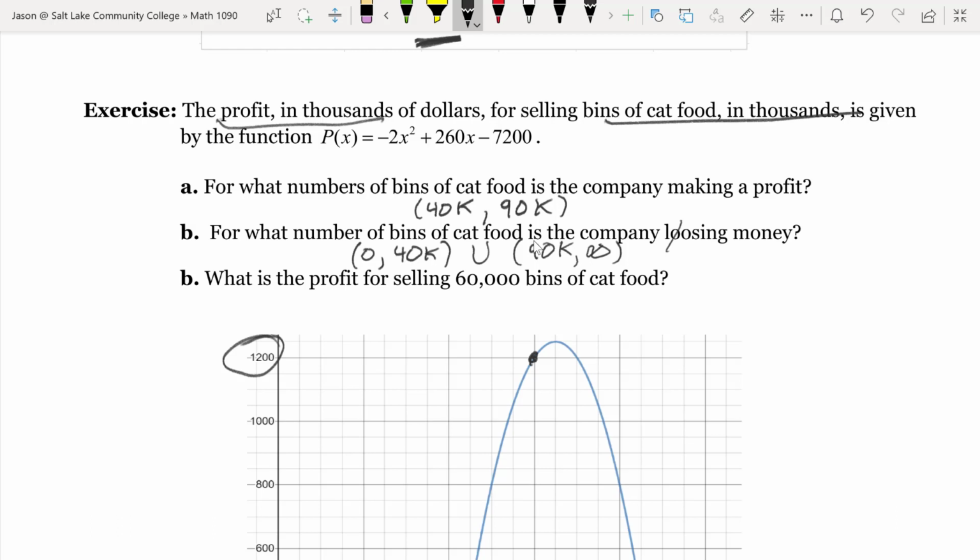So that's 1,200 times 1,000. Just tack on 3 zeros, put the commas in, and there we go. The profit when we sell 60,000 bins of cat food is going to be $1.2 million.